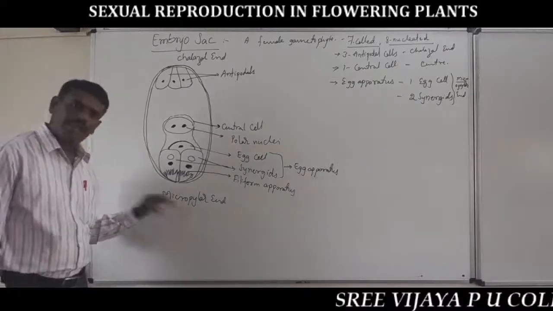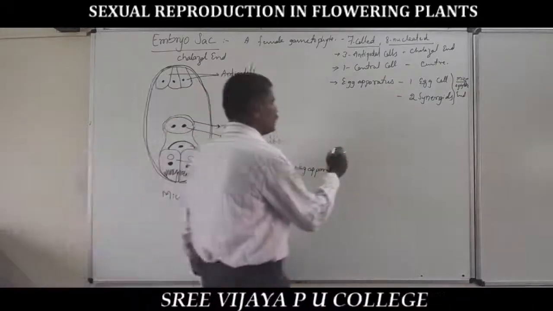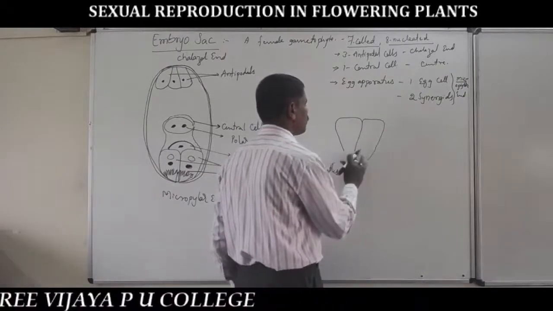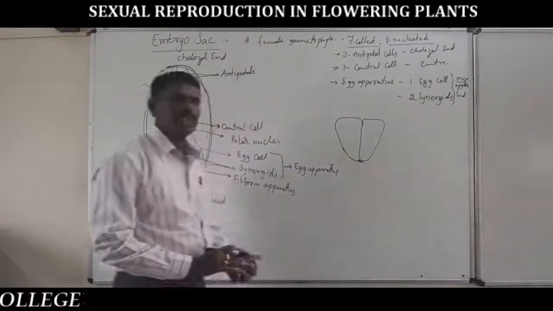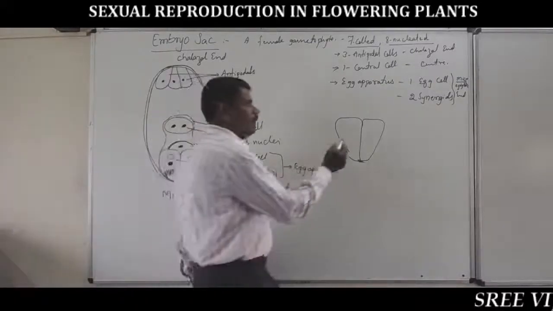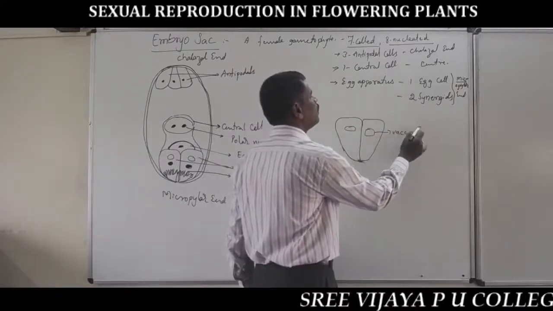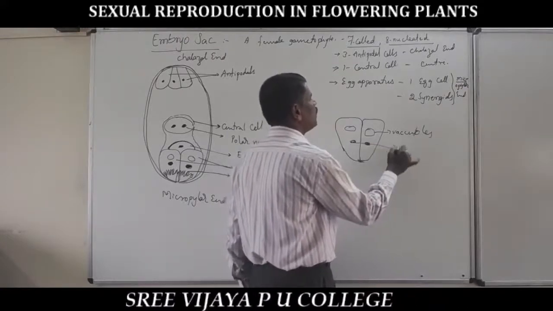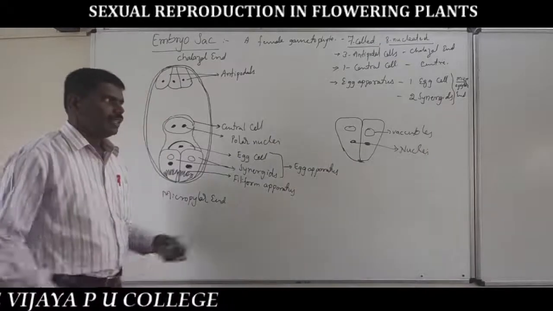At the micropylar end, there are two important synergids. These synergids are slightly triangular-shaped structures located towards the micropylar end. They have large vacuoles and also nuclei.